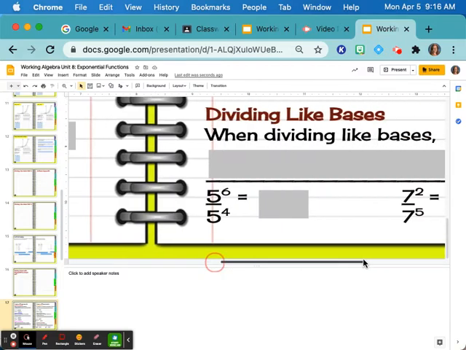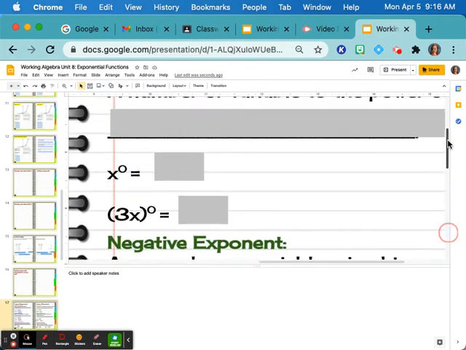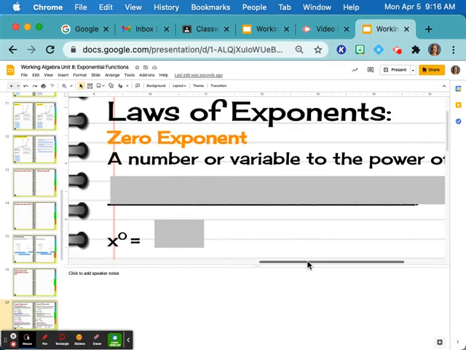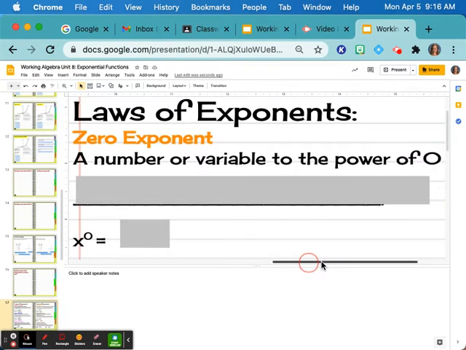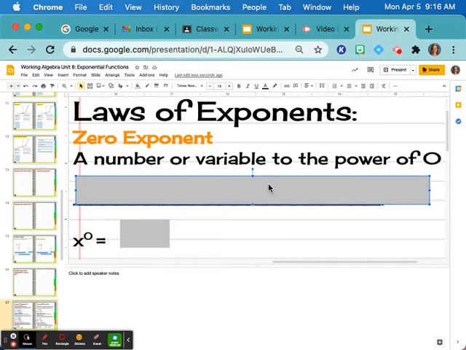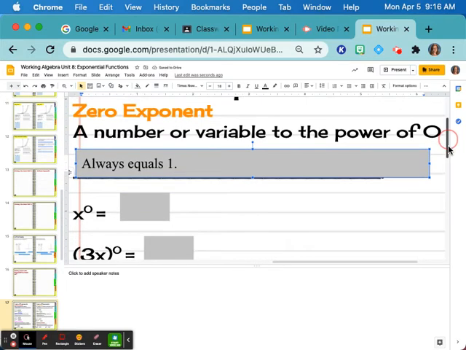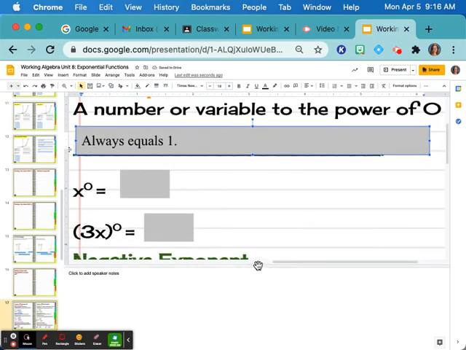All right, let's go to the other side. 0 exponent, a number or a variable to the power of 0. That means it equals 1. Anything to the 0 exponent always equals 1.